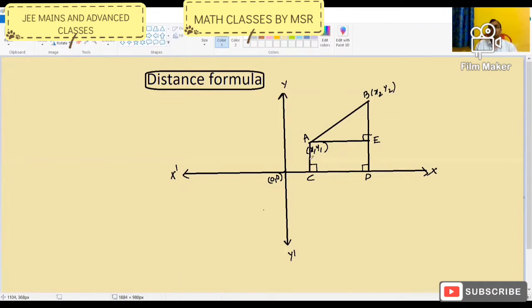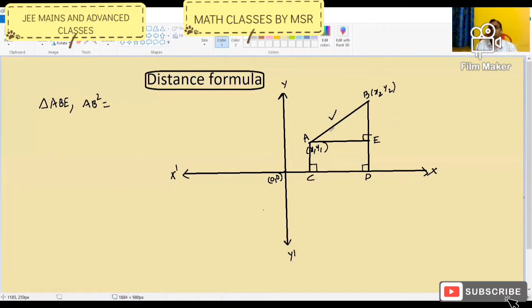Now we have to find the distance AB, the distance between the two points A (x1, y1) and B (x2, y2). If we see the triangle ABE, AB square is equal to, means the square of the hypotenuse is equal to the sum of the squares of the remaining two sides.